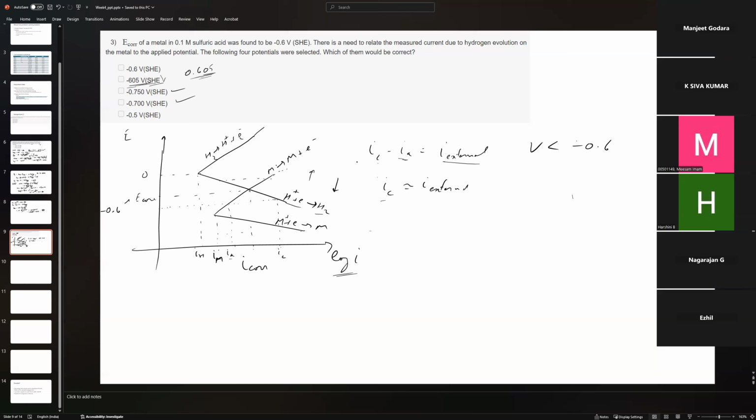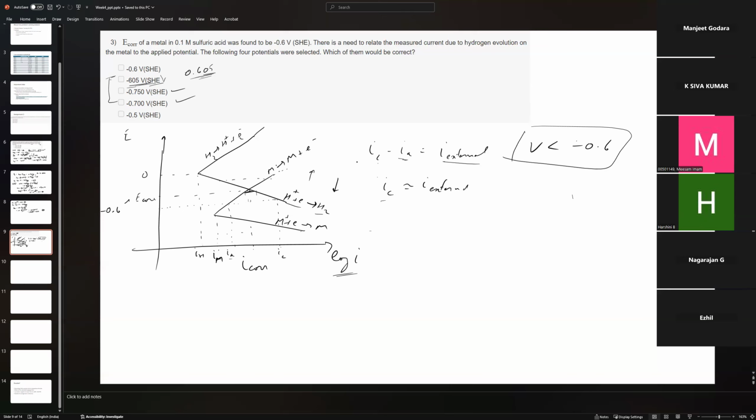I have marked second, third, and fourth. Yes, second, third, and fourth are correct, that we agree. If you strictly go by this definition, these three should be correct. If it was minus 0.605, then there is only a 5 millivolt difference, which would be too small to generate hydrogen. But with 605, it will generate hydrogen.